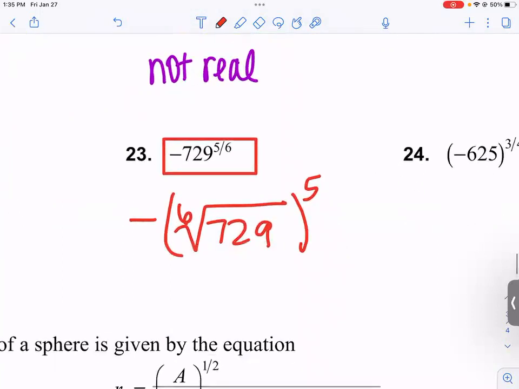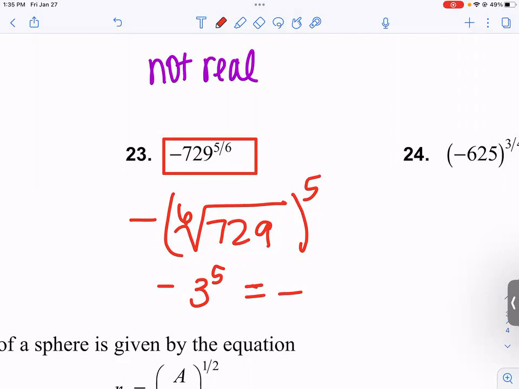Actually, is this too much? I bet it's 3. What's 3 to the 6th? That's a great question. So now it's what's 3 to the 5th? Is it 20? I mean, like, negative.